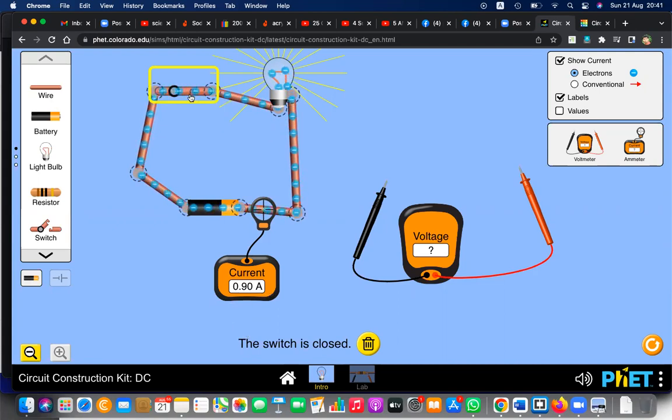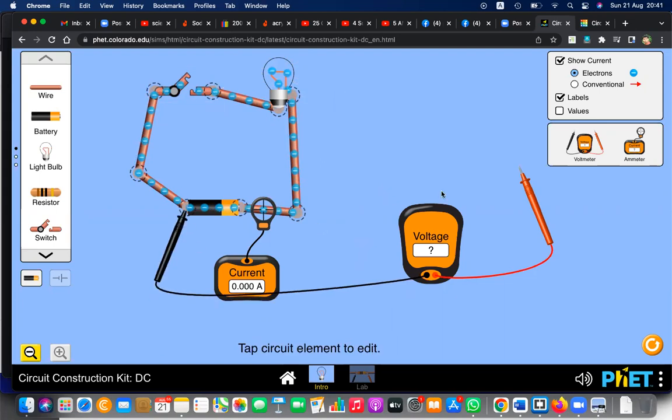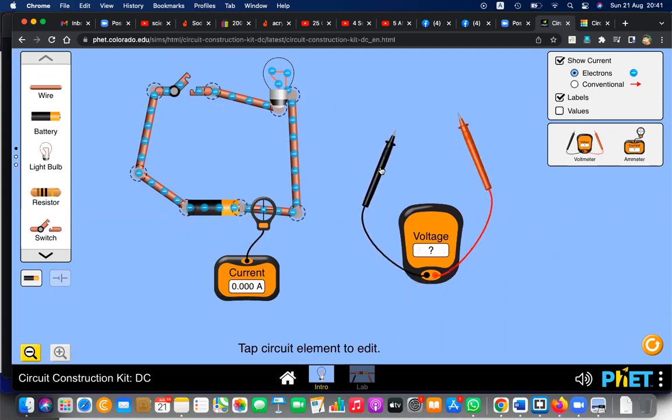But voltage is there, whether the current is passing or not. Here the voltage is 9 volts. So what is this voltage? What is this amperage? Okay, first of all, just create this circuit and try to measure the voltage and amperage both quickly.